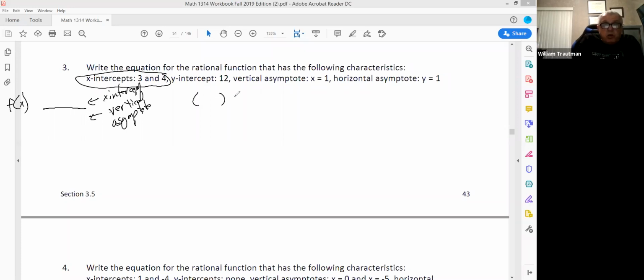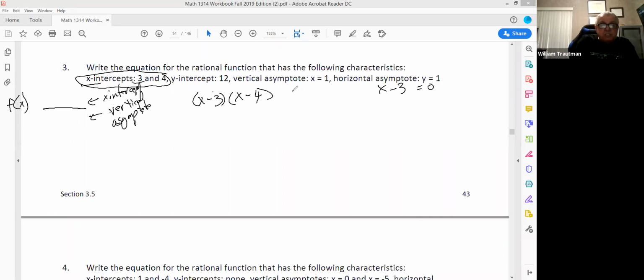So in order for us to write the X-intercepts 3 and 4, we just have to write it like this. Can somebody tell me why I write X minus 3 when we're dealing with a positive 3? Because in order for X to be 3, you have to set up X minus 3 equals 0.